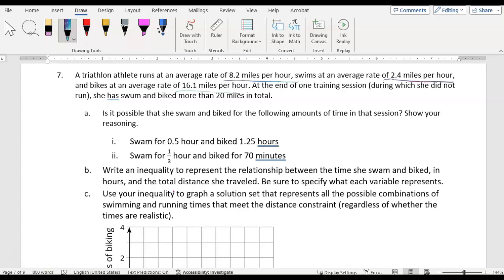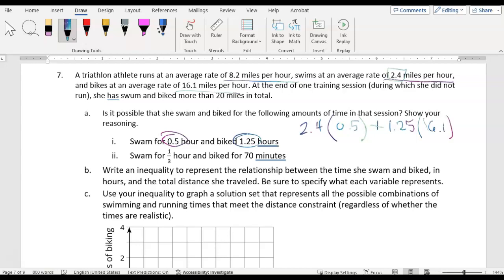All right, so if she swam for 0.5 hours and biked for 1.25 hours, she goes 2.4 miles per hour when she's swimming, so 2.4 miles per hour times 0.5 for swimming, plus 1.25 hours biking, and she bikes at a rate of 16.1.